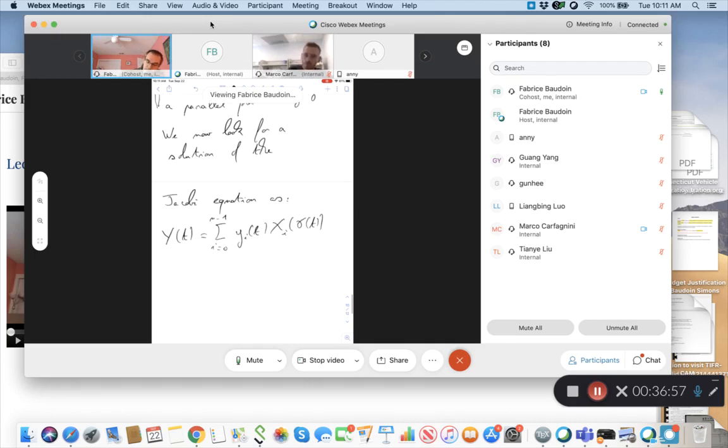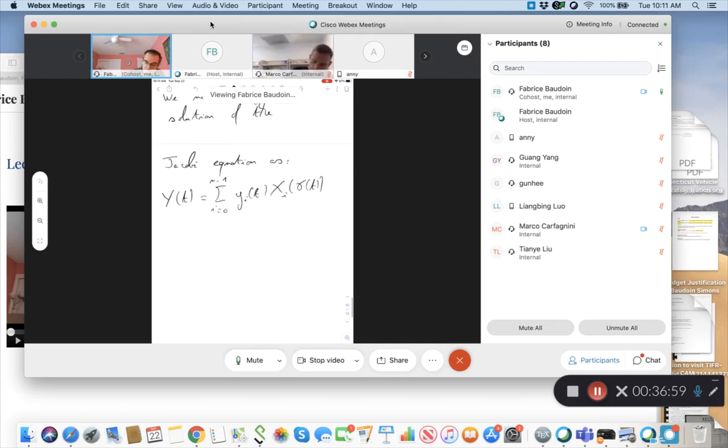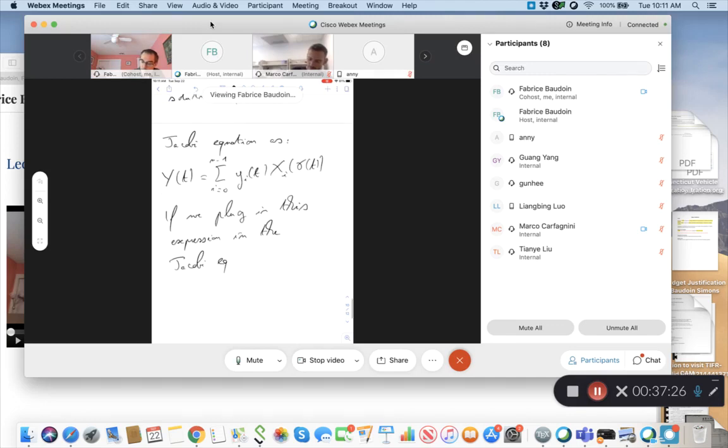If we plug this expression inside the Jacobi equation, we are going to get equations for yi, right?